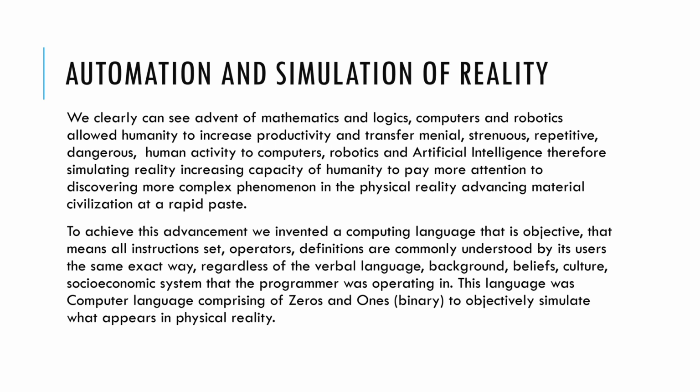That means that the instruction set and the variables being used are common to every user of that language. They don't have different meanings to different people. So this is really where the objective language of computation was invented, which consists of zeros and ones, that we can now use to simulate terabytes of data and massage it in a matter of seconds.